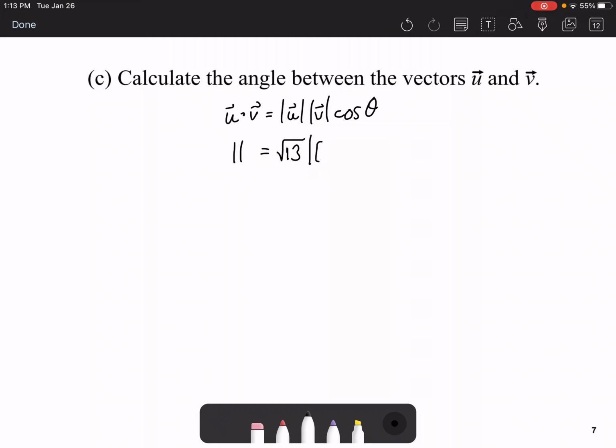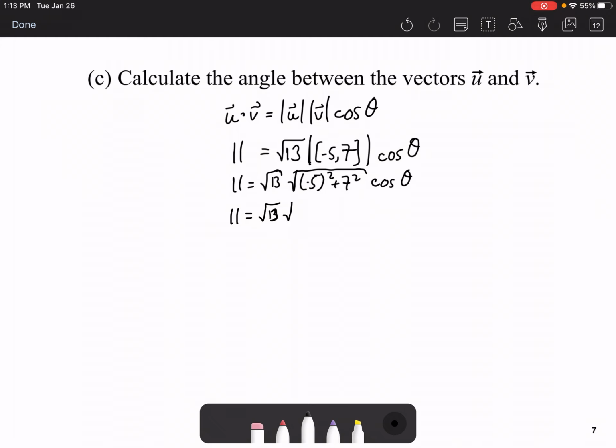Just need to work out the magnitude of the vector v, which was -5 and 7. Okay, so this is going to be -5 squared plus 7 squared, all under a square root sign. So -5 squared is 25, 7 squared is 49, together makes up 74.